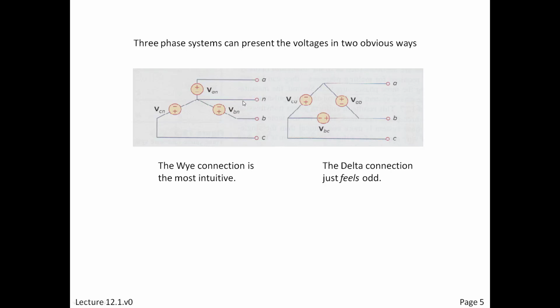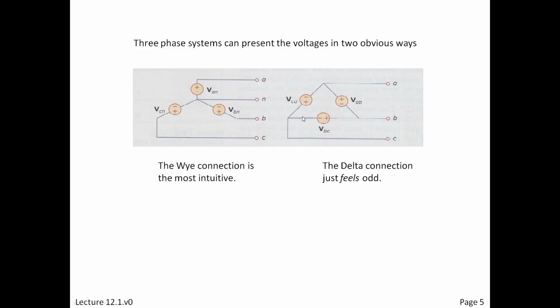And in a balanced system, when loads and sources are properly balanced, even in the Y connection, there's no current in the neutral line. So it can be sort of known that it's there, and in fact, we think of that as the ground.